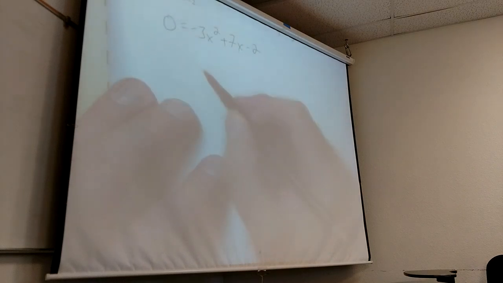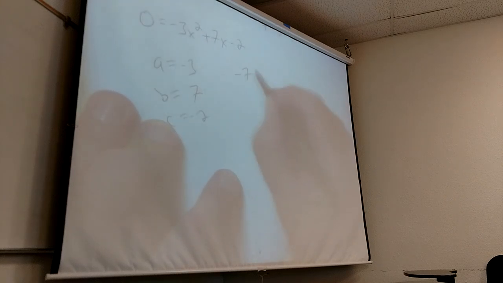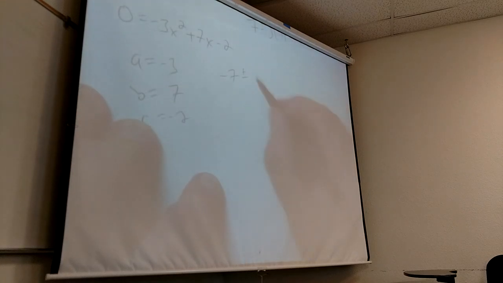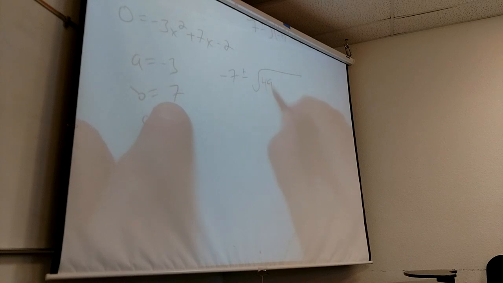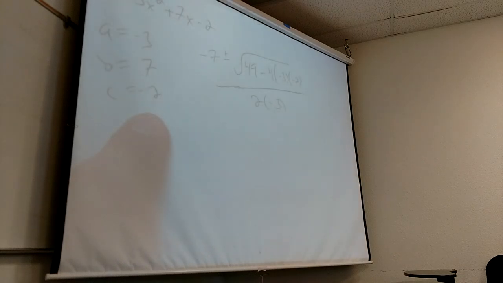But in this case, what's A? Negative 3, 7, and negative 2. So then I get negative B, give or take, square root of B squared minus 4 times A times C, all over twice A. Cool? So negative 7.